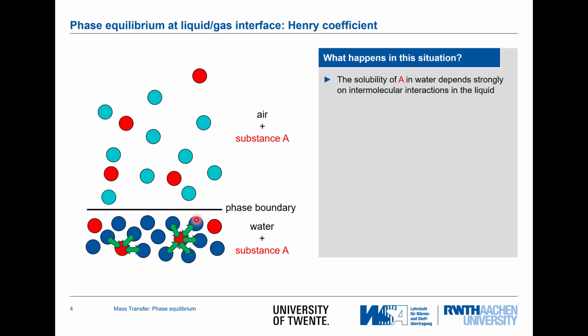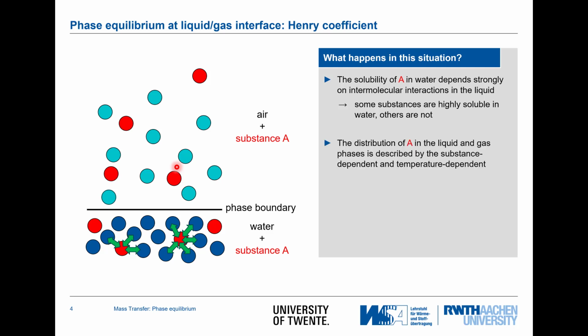Very often, as the molecules in a liquid are much denser packed than the molecules in the gas phase, we have much more pronounced intermolecular forces in the liquid phase than in the gas phase. And the result is that some substances are easily soluble in liquids and others almost in a vanishing amount.